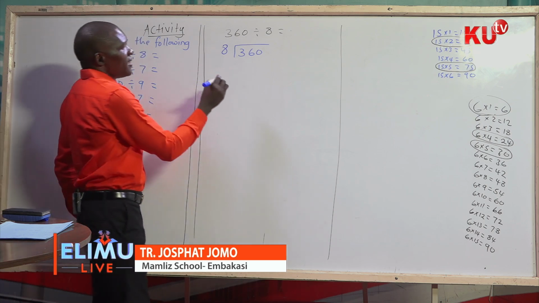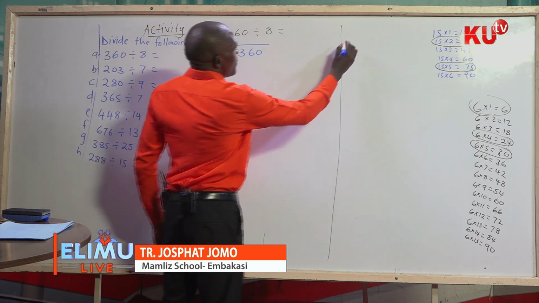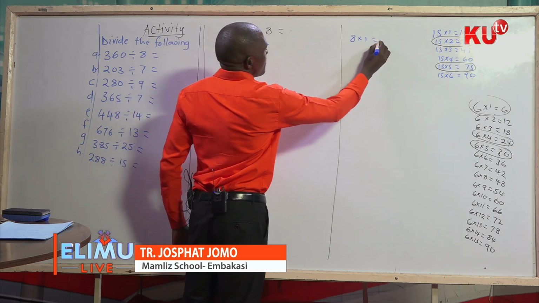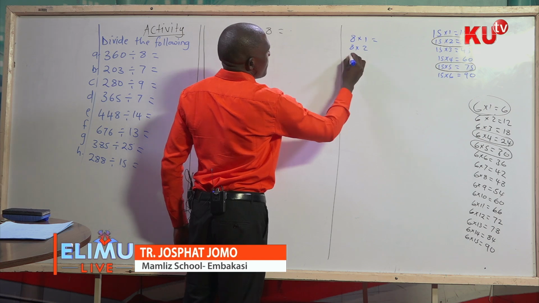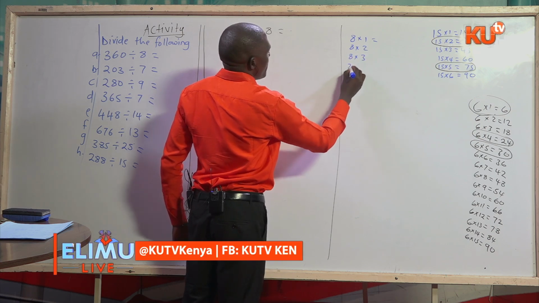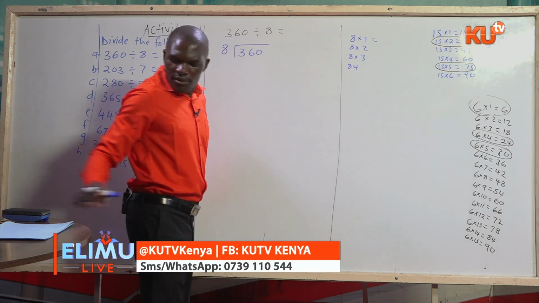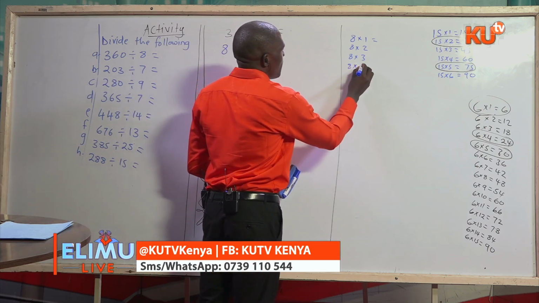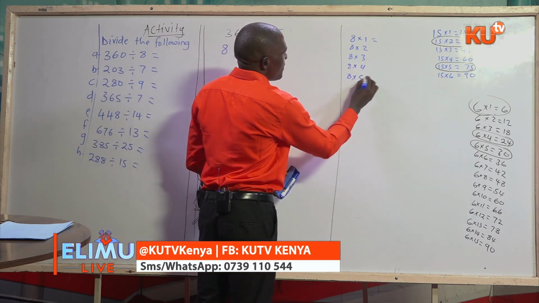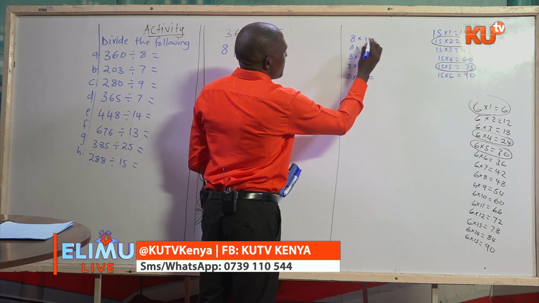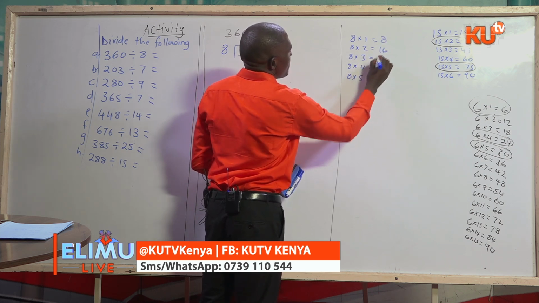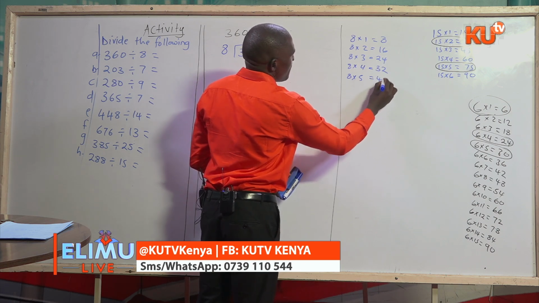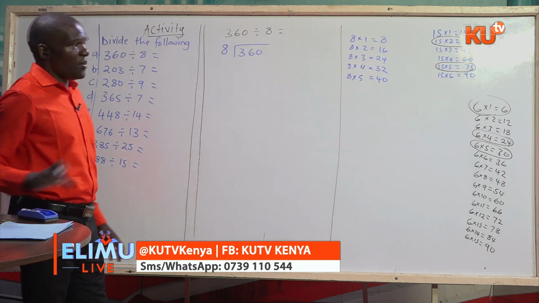From there, you have to have your table of 8 somewhere. 8 times 1, 8 times 2, 8 times 3, 8 times 4, 8 times 5. So that is 8, 16, 24, 32, then 40. So that is your table.